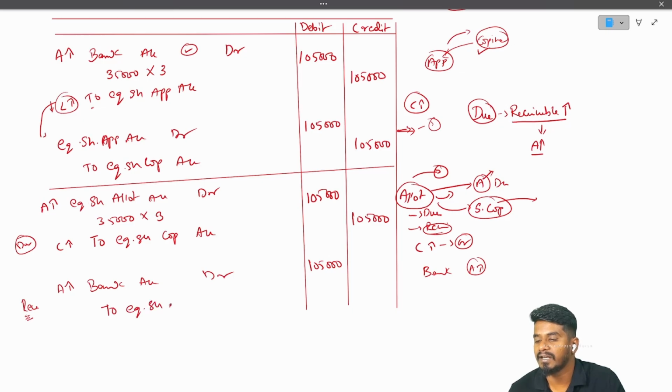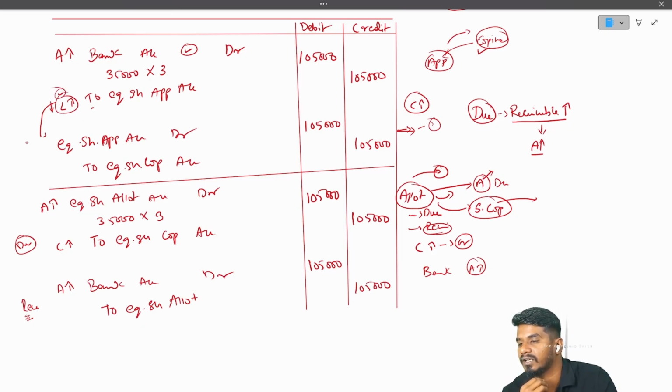Equity share allotment. Here we had written application, now we are writing allotment. Just a name change. For how much? 1 lakh 5,000. So why is it getting credited? I already told that when we make it receivable, it is an asset for us. Now, if we receive it, the asset will reduce, correct?